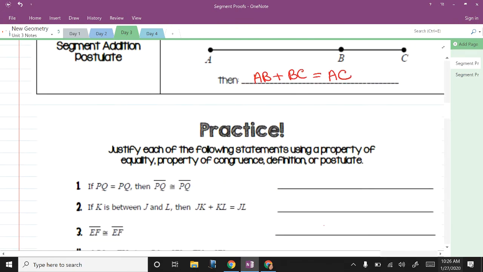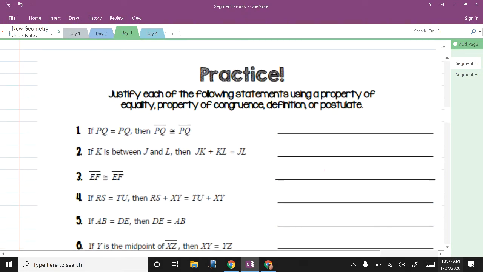Now flip to the back. Y'all, this is what we need to know. This is for sure what we need to be able to know how to do. It has the bank at the bottom where it lists all the properties, right? So let's see if we can just fill this in together. Number 1, if the length of PQ equals the length of PQ, then segment PQ is congruent to segment PQ.